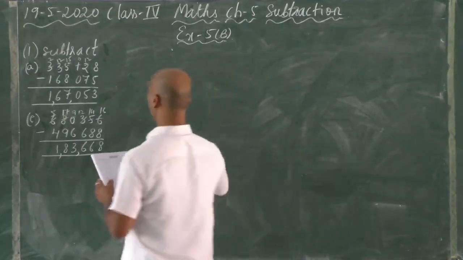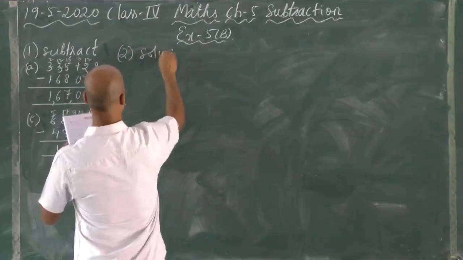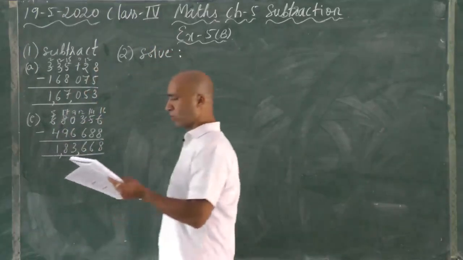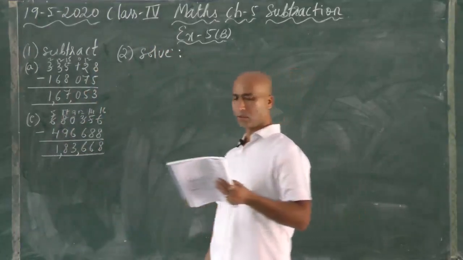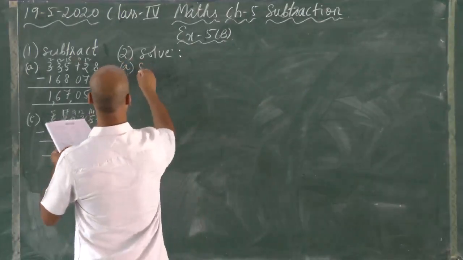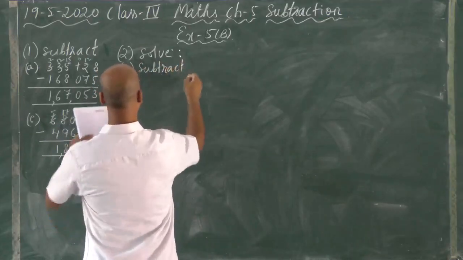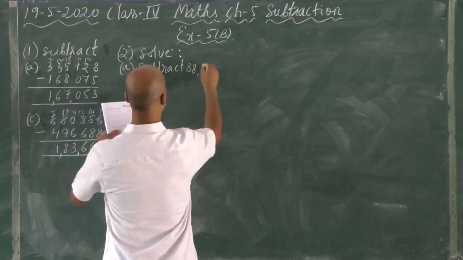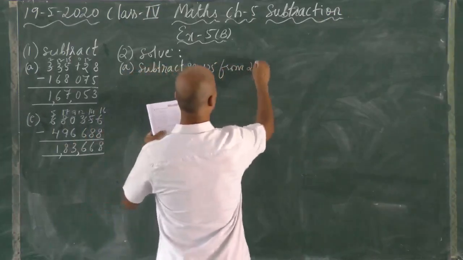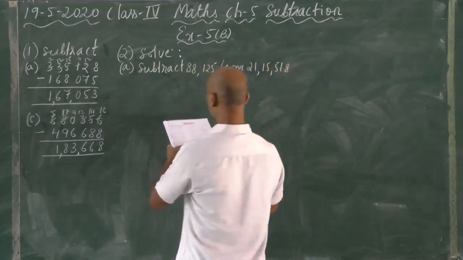We'll move to the next question, that is question number 2. It says solve. Okay, it says solve in your notebook and answer the following question. So I'm just writing only solve. Question number A, it says subtract 88,125 from 21,15,518.